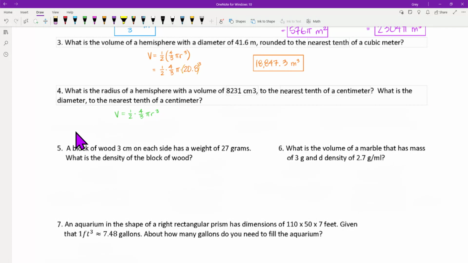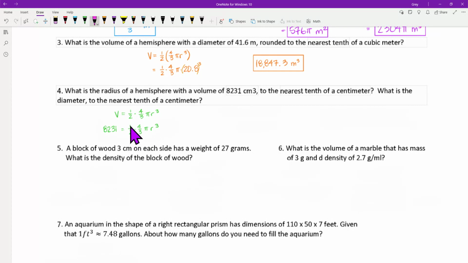Now I'm going to plug in what I know to find what I don't know. In this formula, I'm looking for the radius, and I know the volume is 8,231. So we've talked about this a lot. I'm going to multiply by the reciprocal, which is 4/6 with the pi on top.